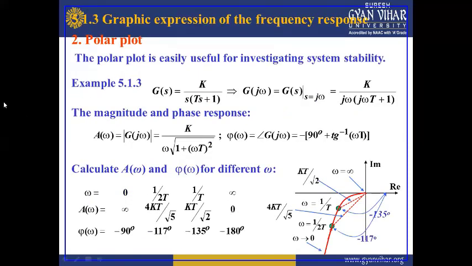Another graphical representation for the frequency response is the polar plot. The polar plot is useful for investigating system stability. That means with the graphical representation of the control system or the transfer function, we will easily be able to tell whether the system is stable or unstable.